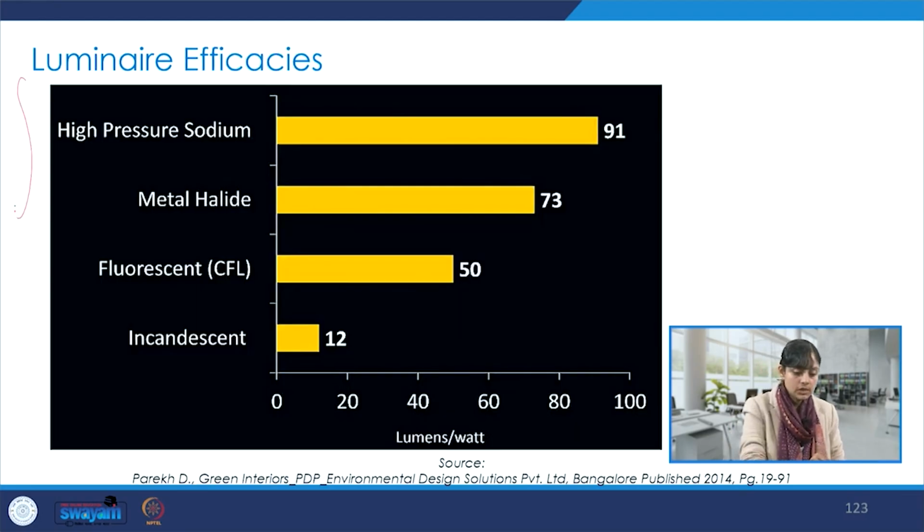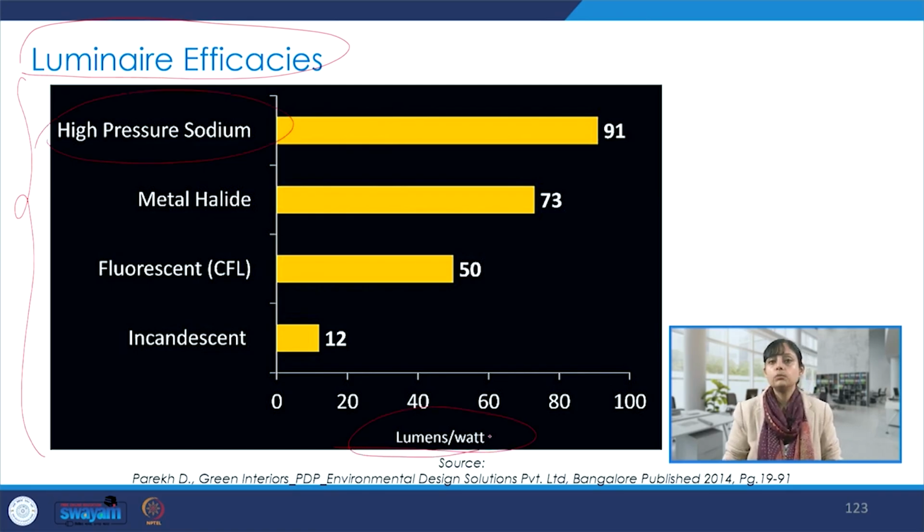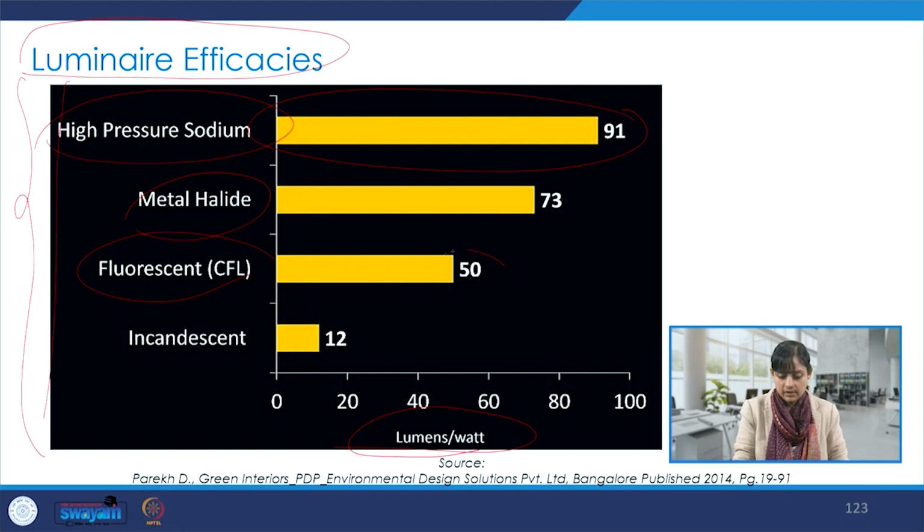So I showed you some of the light fixtures in the previous slides. These fixtures and luminaires have different efficacies. When we talk about high pressure sodium and lumens per watt, it is on a higher side amongst all of these, on a scale from 0 to 100. There is metal halide, there is CFL, and we see the incandescent lamps have very low efficacies.